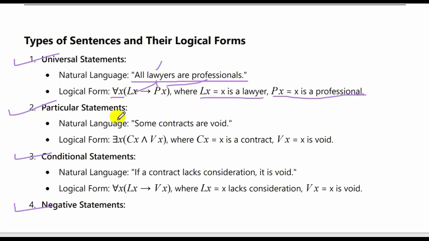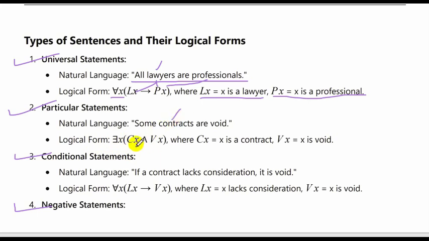Let's look at the particular statement. For a particular statement we will use the existential symbol. That is, for some, there exists an X. For some contracts there exists an X. That is the reversed E symbol.